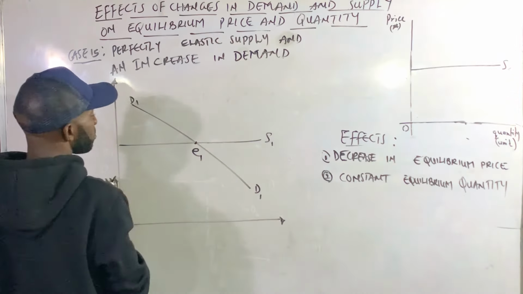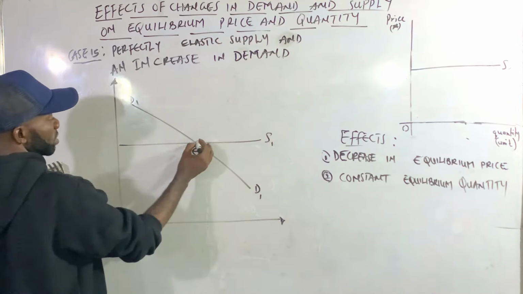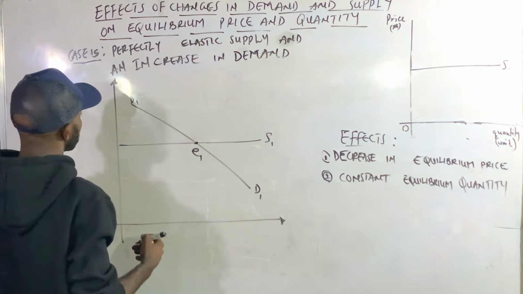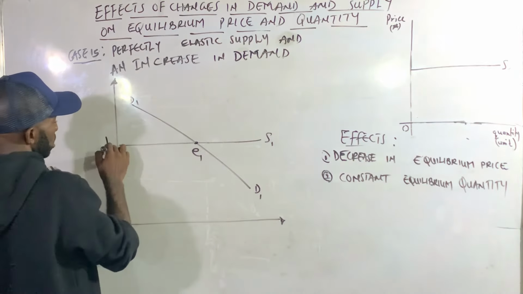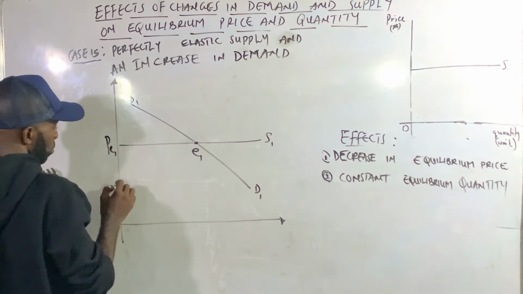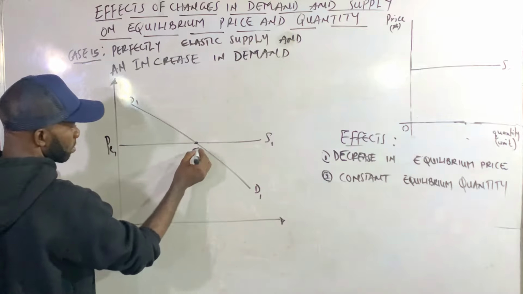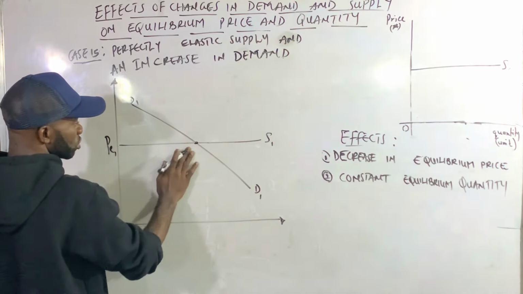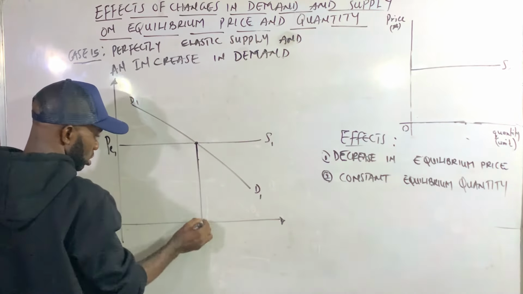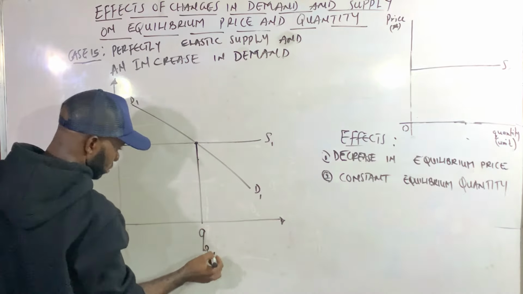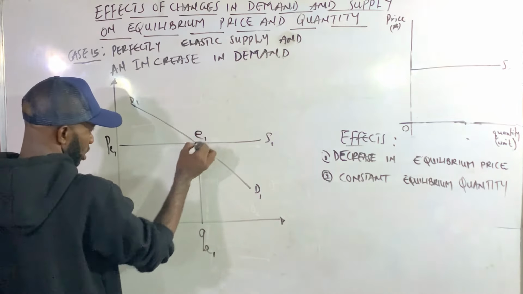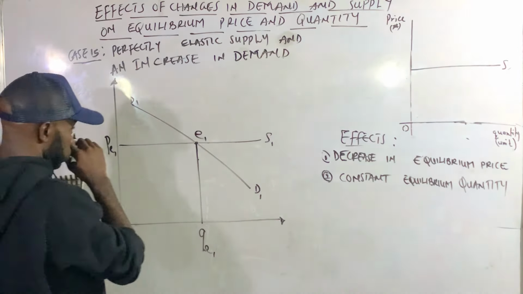The first equilibrium point is from the interaction between the two curves, supply and demand. We have our equilibrium price here, 1, and then our equilibrium quantity. If we trace it downward, we trace it to quantity, it gives us 1, and then E1 stays above.